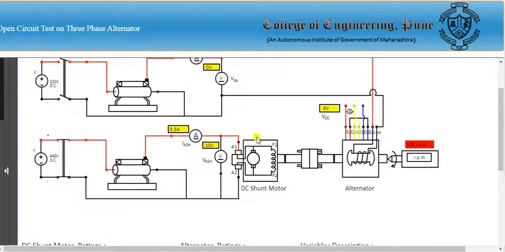We increase the voltage of the DC shunt motor, then the alternator will run, and it has to run at constant speed, its rated speed of 1500 rpm. When it reaches 1500 rpm, we will leave increasing this value. Increase until the alternator reaches its rated speed of 1500 rpm.